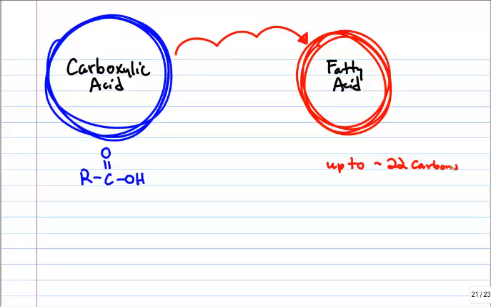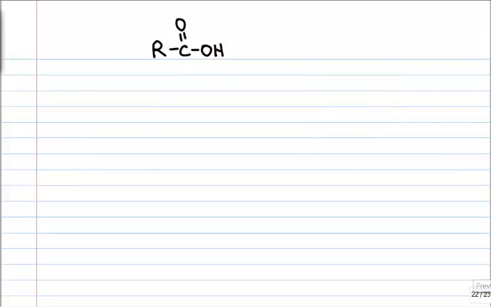Well, let's dig a little deeper into some of the important features of fatty acids. So let's just start again with this basic formula, RC double bond OOH. Assuming we have a fatty acid now, where the R group is fairly large, and this R is going to be a hydrocarbon, we got a fatty acid.